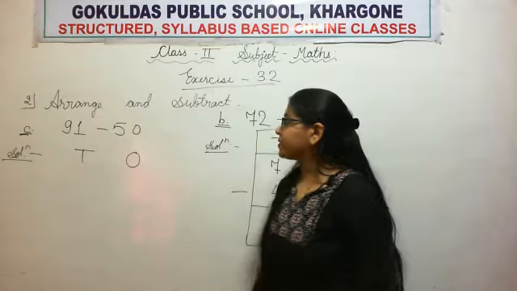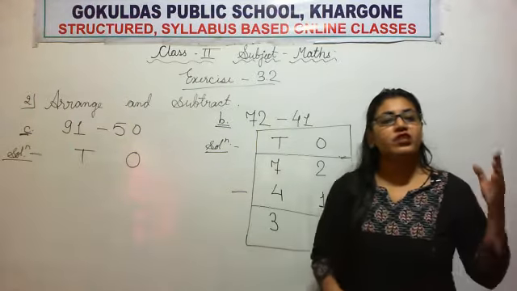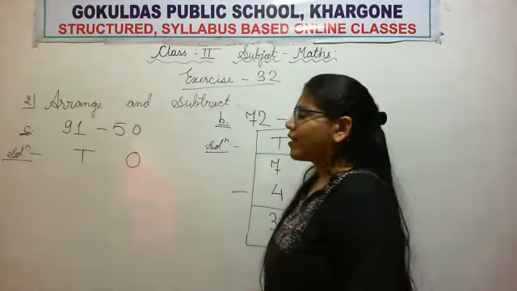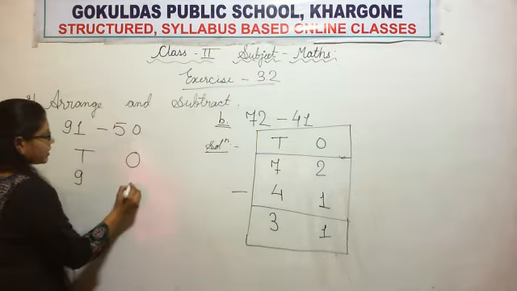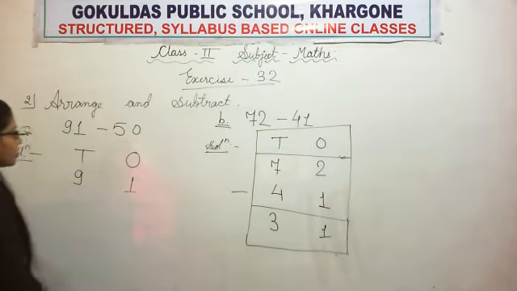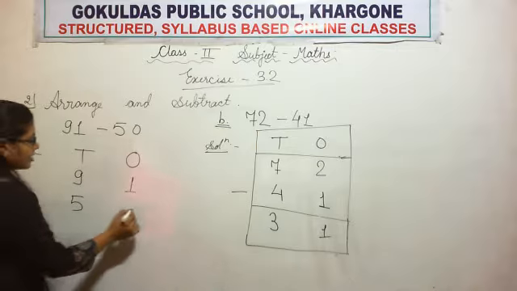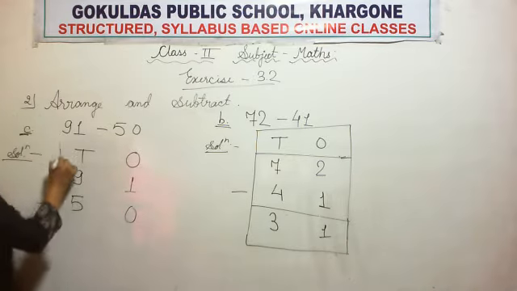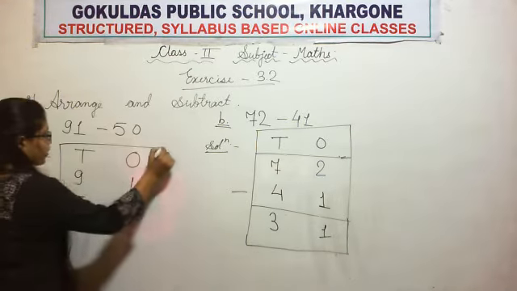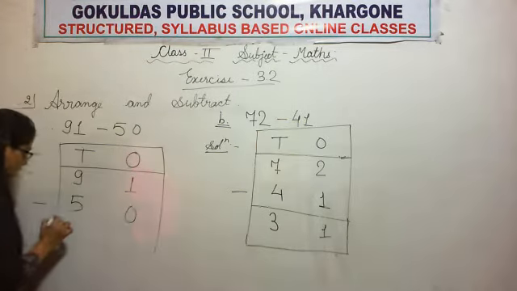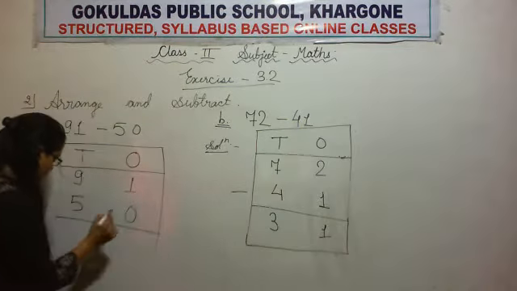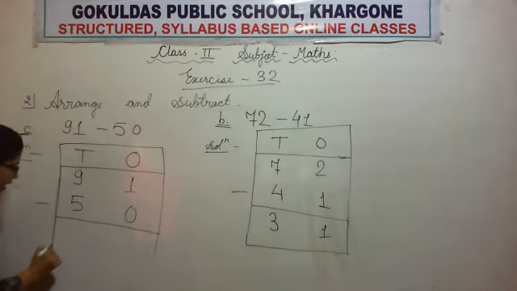So which number is bigger, 91 or 50? Very good. 91 is the bigger number. It means it is our minuend. Bigger number is minuend. So we will write 91. Now the other number is subtrahend. We'll put the minus sign also. Now make the table with a scale or ruler. Okay, do not make it by running hand.